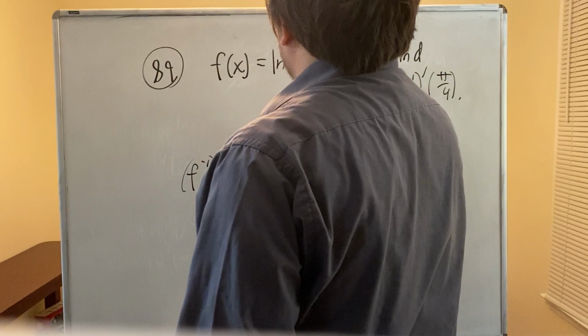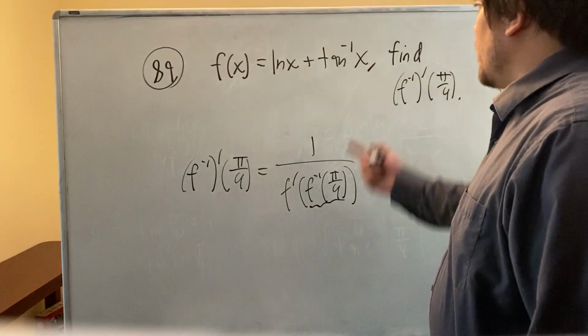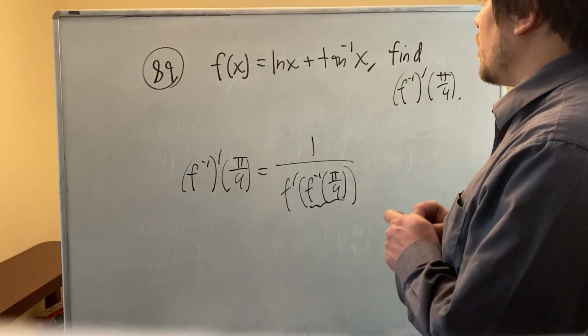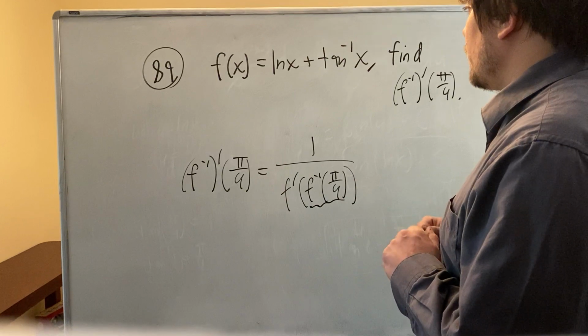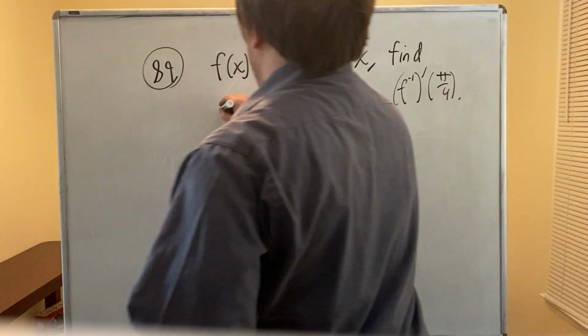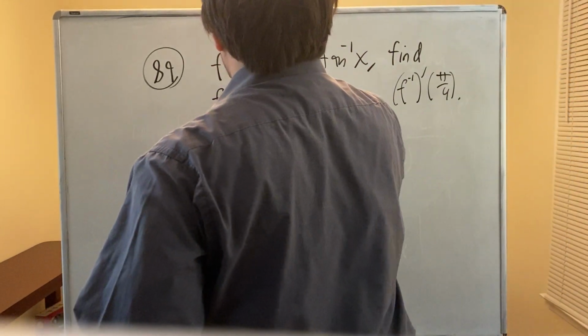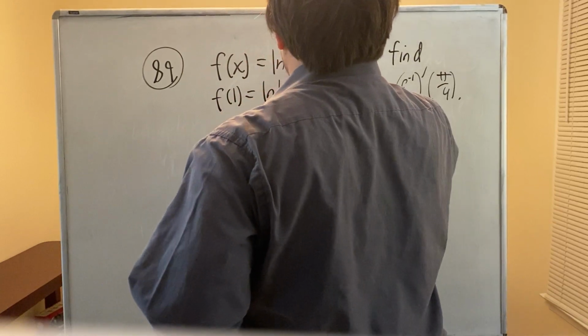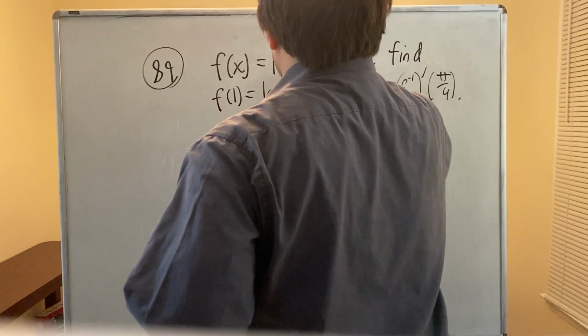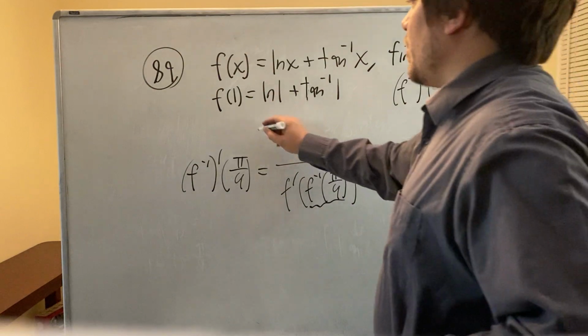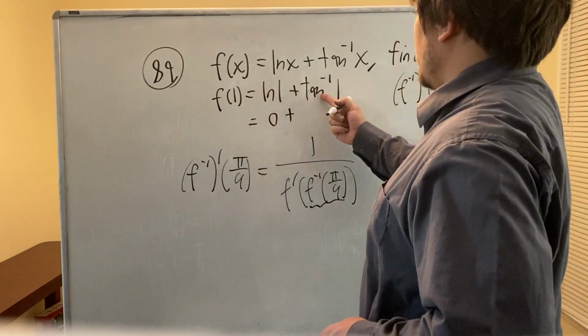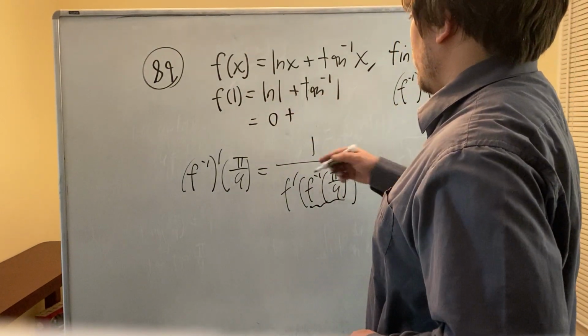Okay, so what value could we plug in here to get this equal to pi over 4? Let's plug in 1. f of 1 is equal to ln of 1 plus tan inverse 1. ln of 1 is 0, plus tan inverse of 1, which I mentioned on the other board is pi over 4.